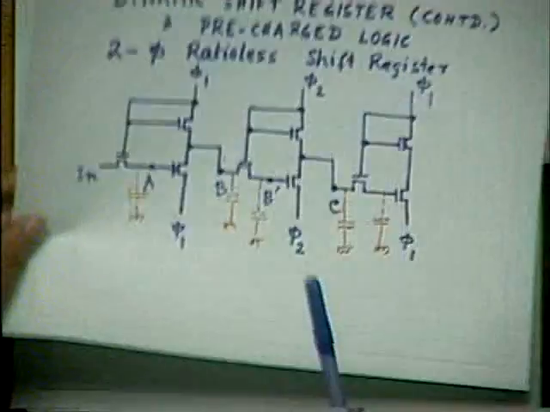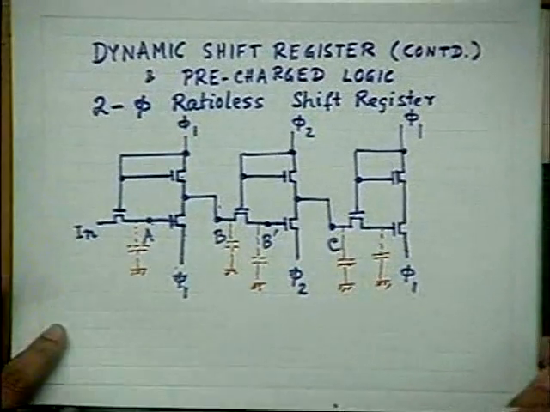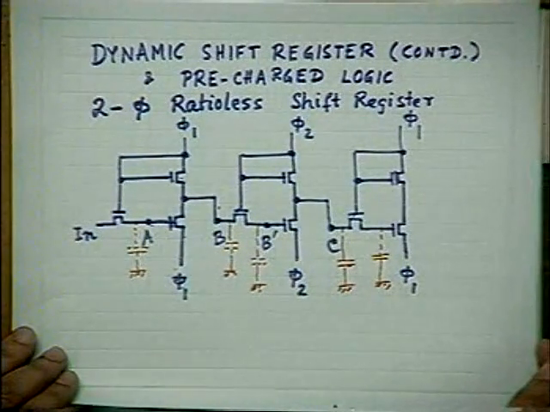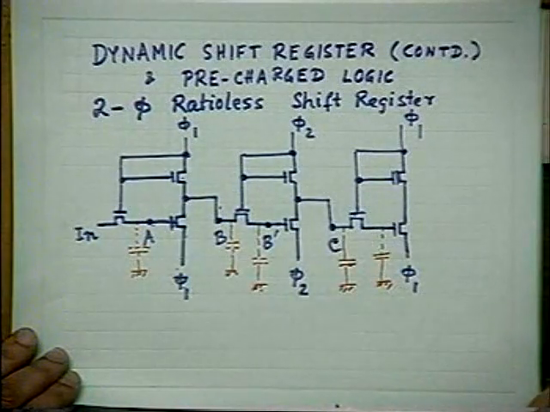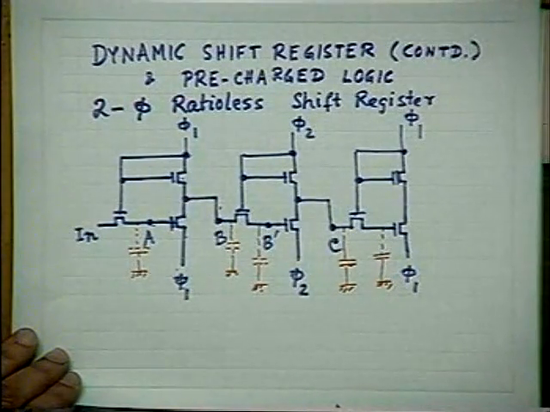Then, are there any other good features? Do you think there will be any advantages from the speed point of view? Or power dissipation? Power dissipation will be much less.